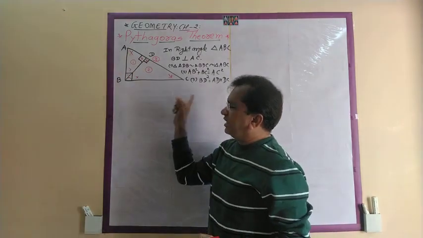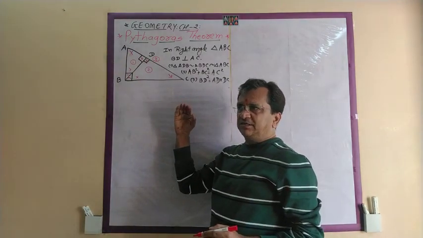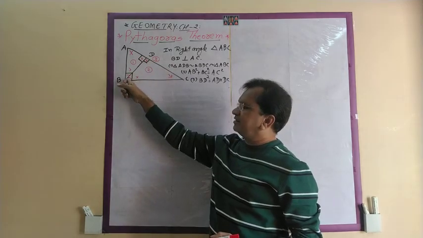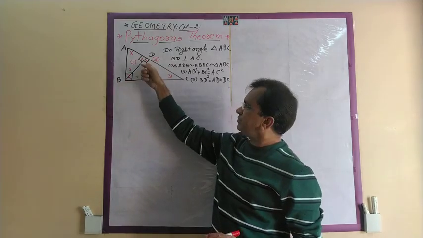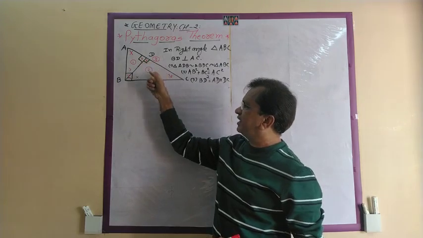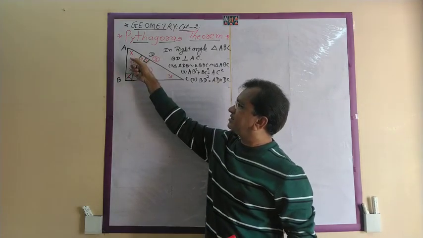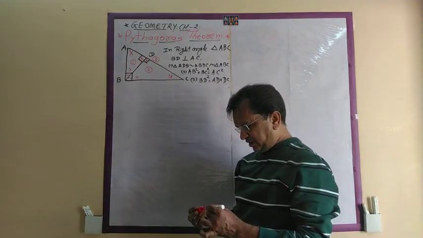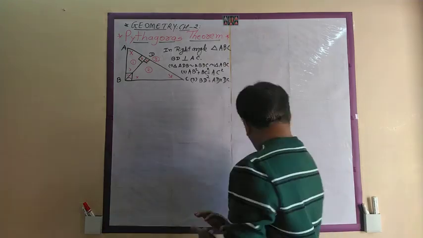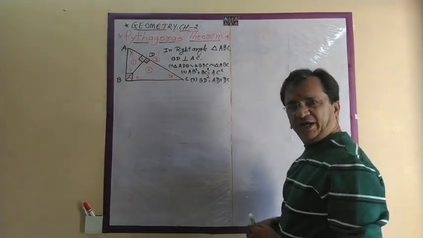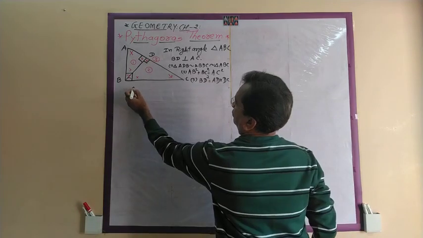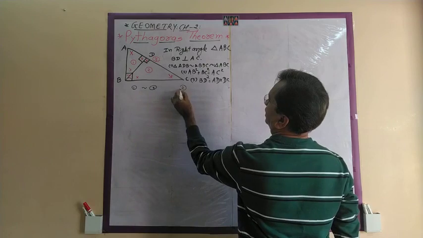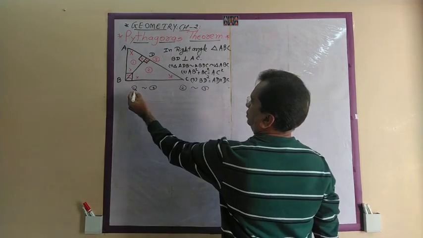Again, in triangle ABC, give X and Y as the names of the measures and Z means 90. Z is 90, Y is there, so X. Z is 90, X, so Y. Means X plus Y is equal to 90. Now, how to write the name of the triangle XYZ? We will prove first similar to third, second similar to third.